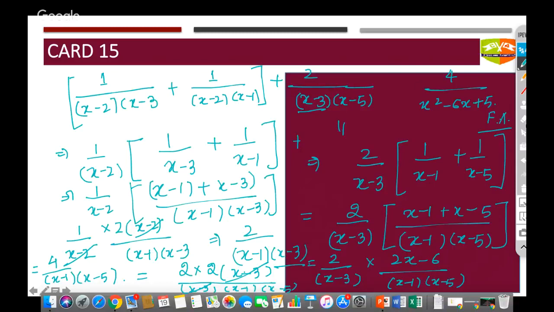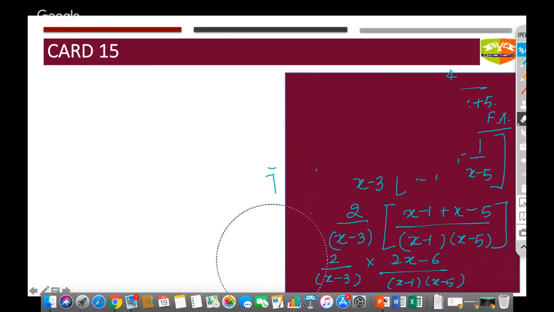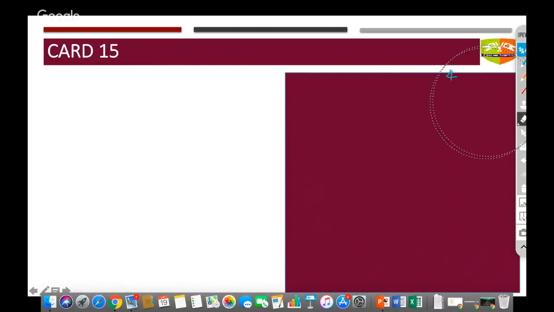I am wrapping up the session by saying that both these topics are very scoring in maths, so you should focus a lot on this. In algebraic expressions, just try to look at the pattern, which pattern needs to be followed, and how the pattern comes from solving the questions.